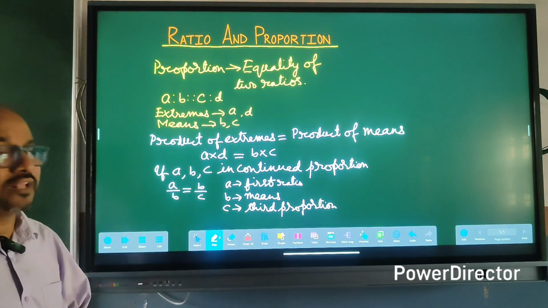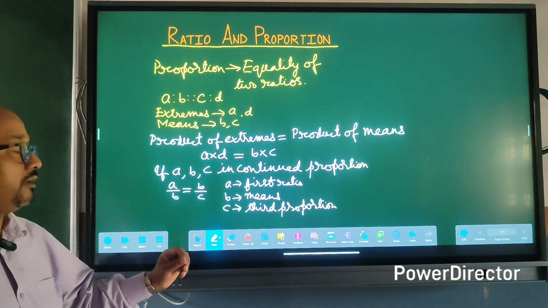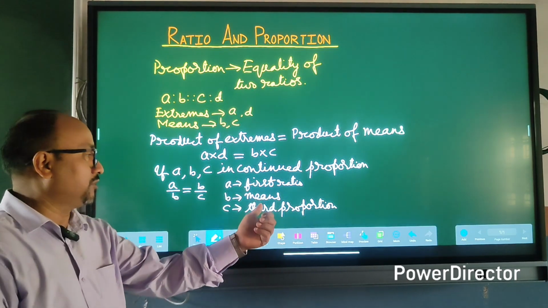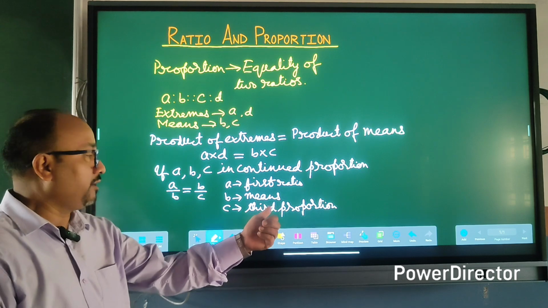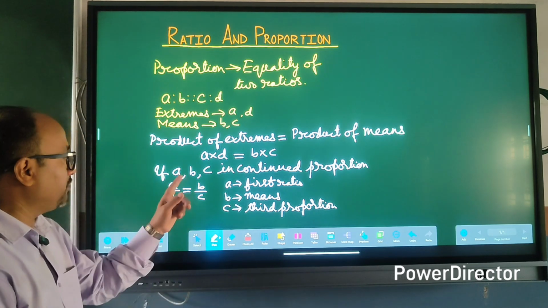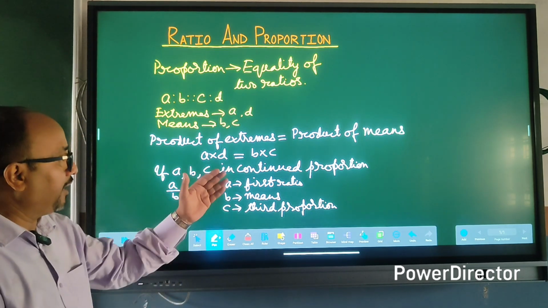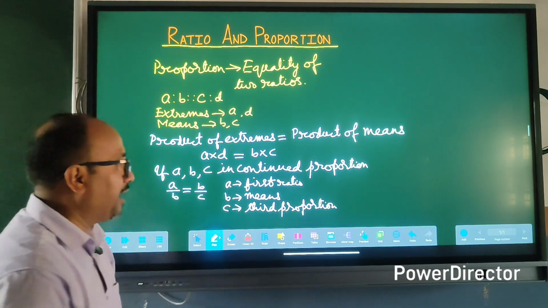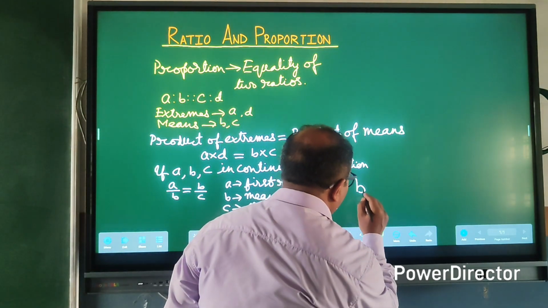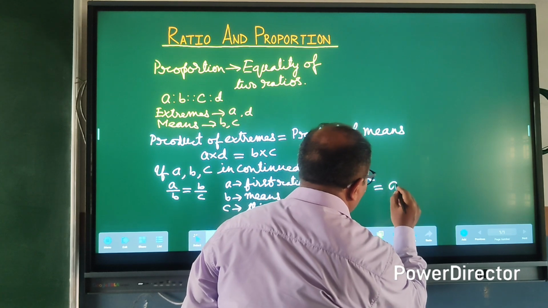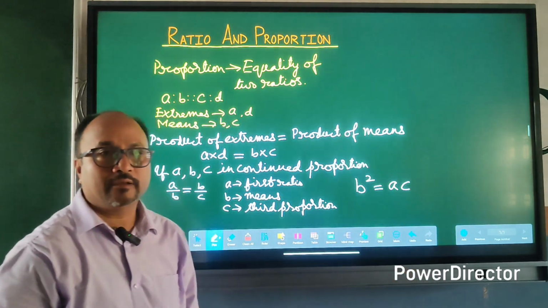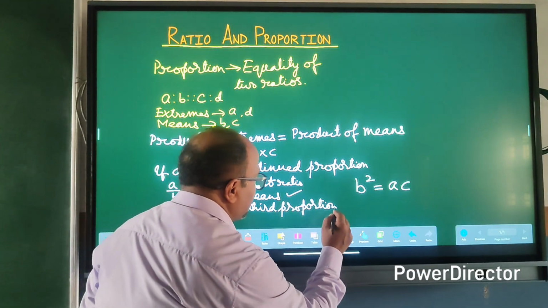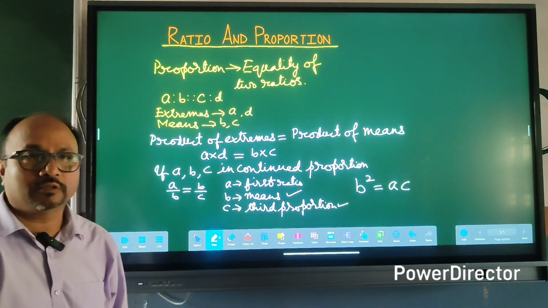Now all these will get related. In all the cases, the first term, the mean, and the third proportion, any of the three of them will get related. If we cross multiply, we will get B square equals AC. And this will be mainly used with the mean proportion and the third proportion.